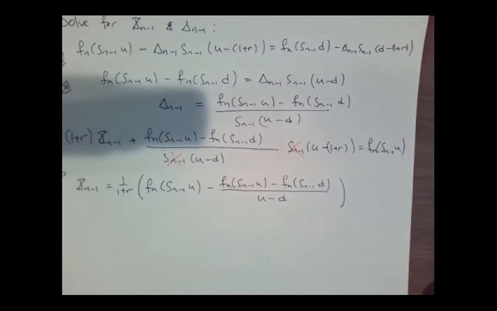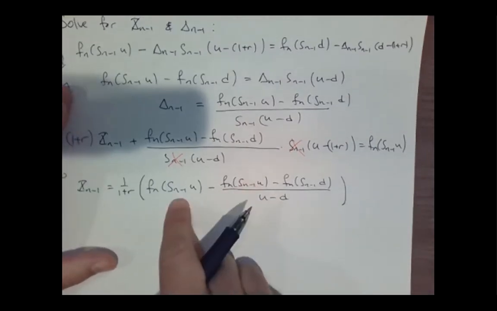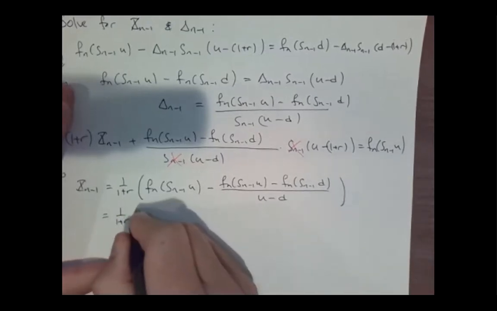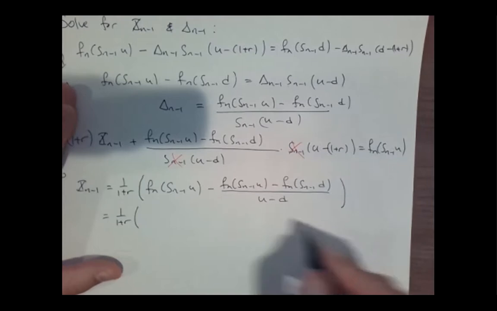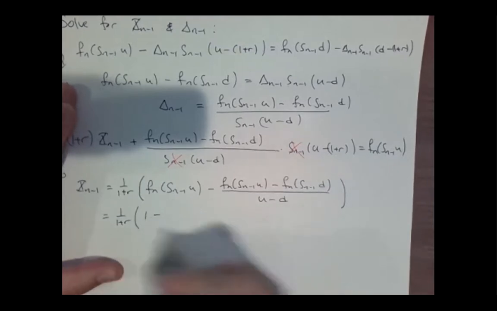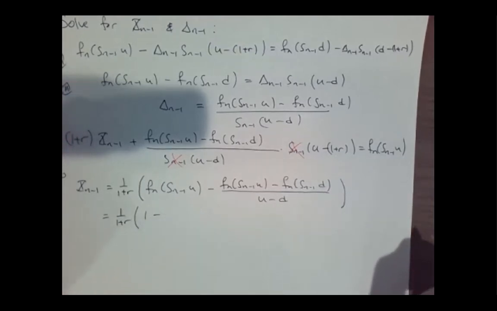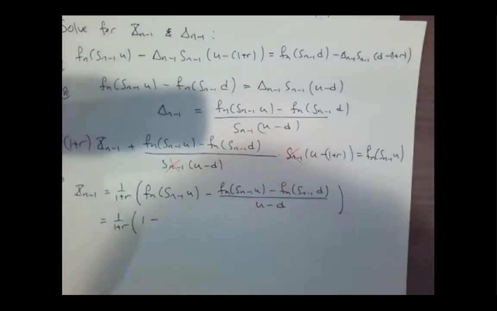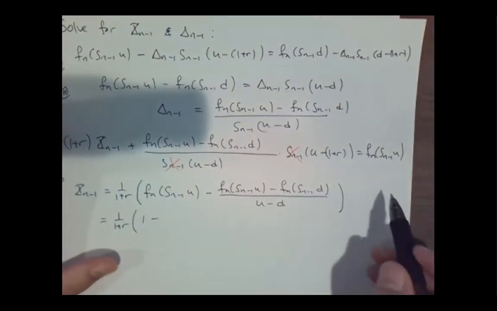And now we can see we have common terms. There's a common term here. So we will have that this is 1 over 1 plus r times, and then what we have, 1 minus, we're missing a term now again. I'm too sloppy here.